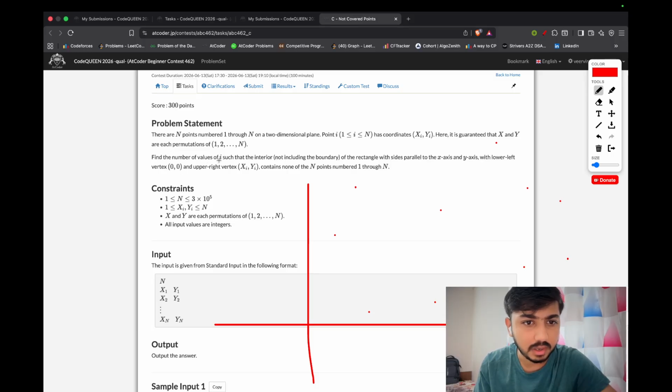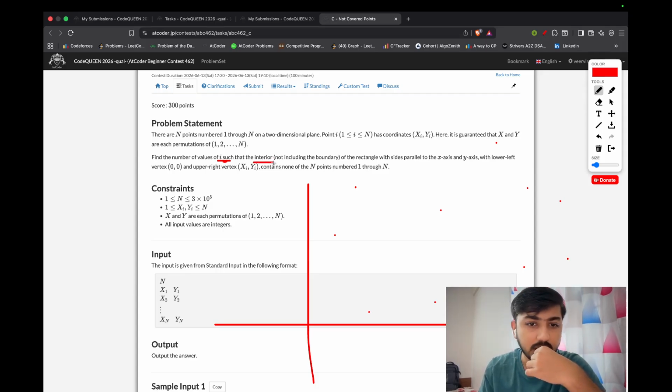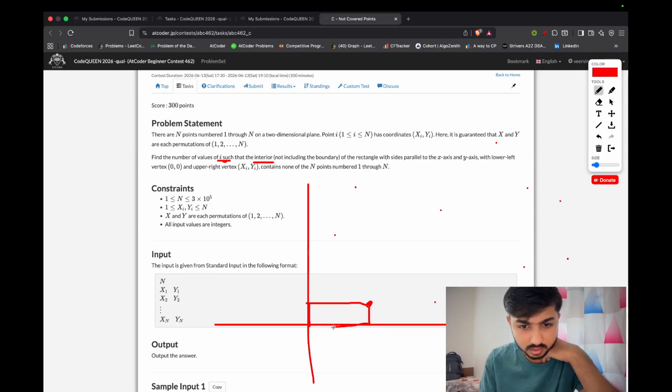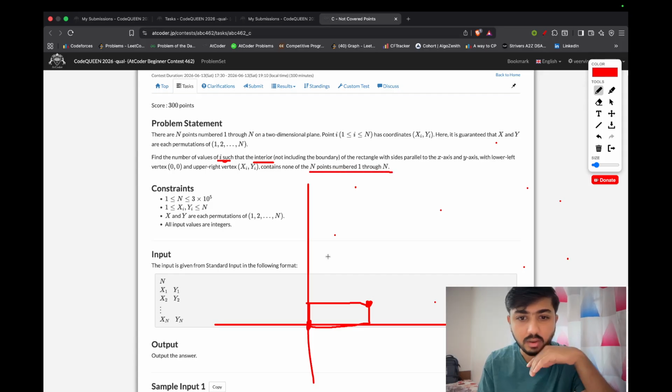Find the number of values of i such that the interior of the rectangle. Okay, so this is one of the squares and this point is here. This we are trying to say. Lower left coordinate is this and upper right coordinate is this point that contains none of the n points. Okay, so we have to tell how many such rectangles exist.